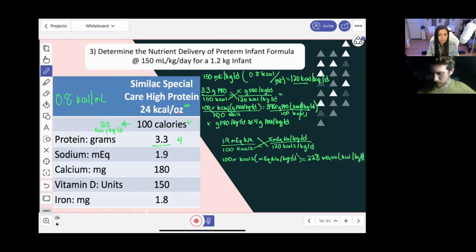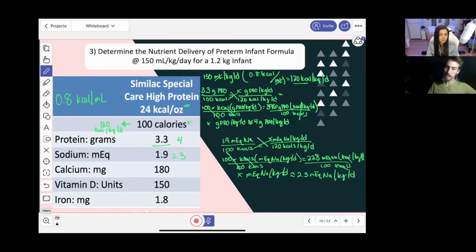There you go. And then we're going to divide each side by 100 kcals. Boom, boom. X is approximately 2.3 milliequivalents of sodium, because these are going to cancel, per kilogram per day.